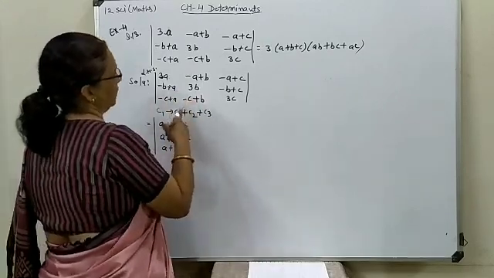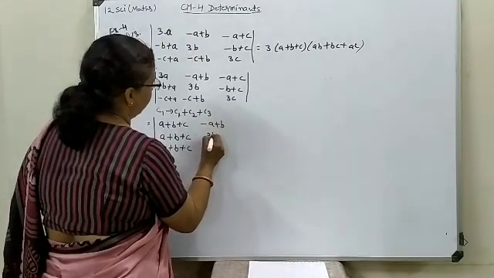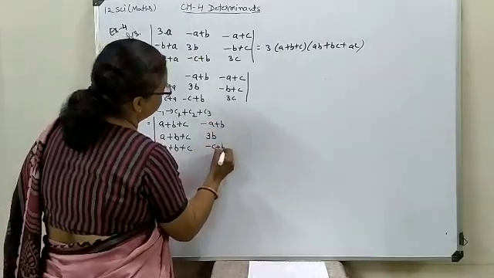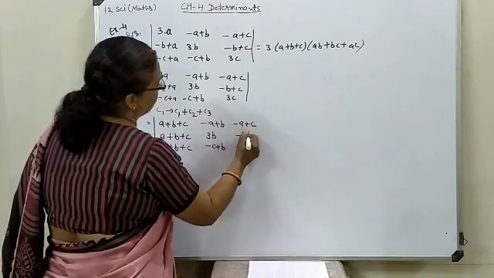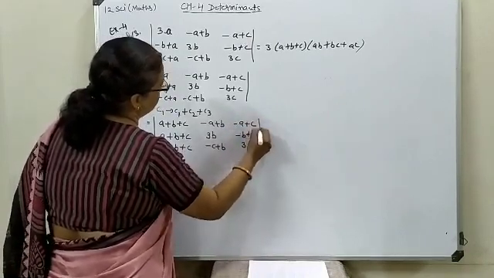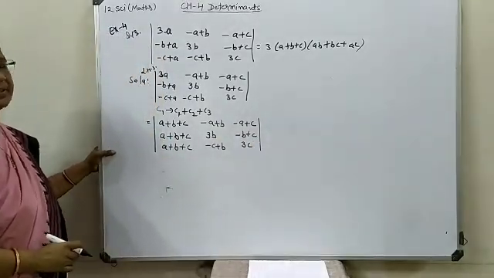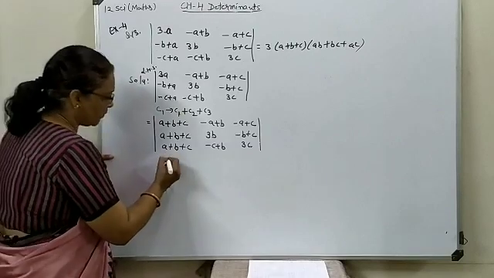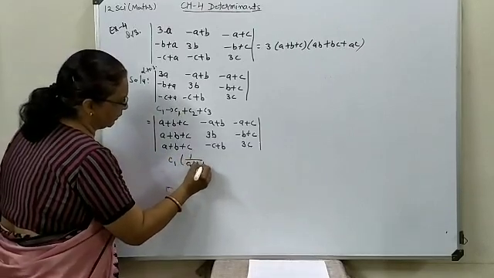Now remaining you write as such: minus a plus b, that is 3b, minus c plus b, minus a plus c, minus b plus c and your 3c. Here in the first column, a plus b plus c is your common term. So in the first column, this is to be taken outside the determinant.